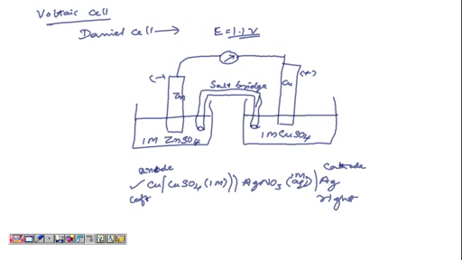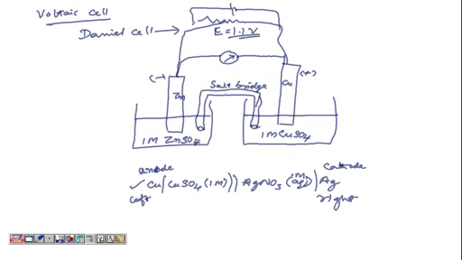So we can convert the Daniell cell, a voltaic cell, into an electrolytic cell like this. If we connect an external voltage in the opposite direction, this is the external voltage applied in the opposite direction.